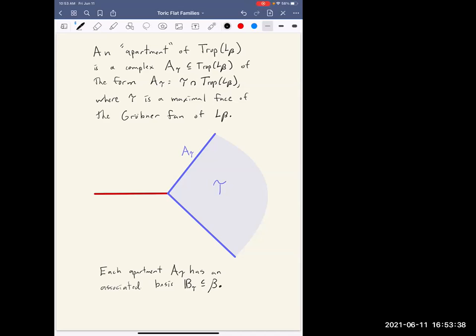The term apartment is borrowed from the theory of Tits buildings, and there is a nice relationship between the tropicalized linear space and the spherical building associated to the vector space. But for our purposes, it's just some union of faces of the tropicalized linear space.